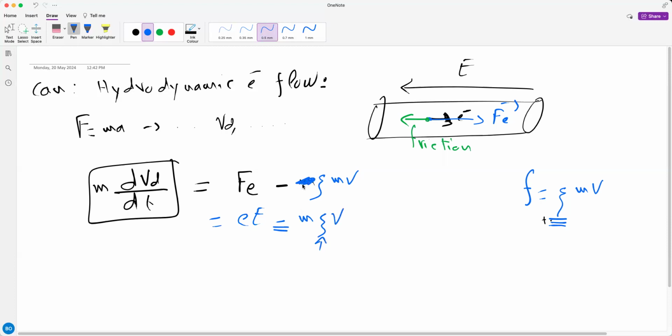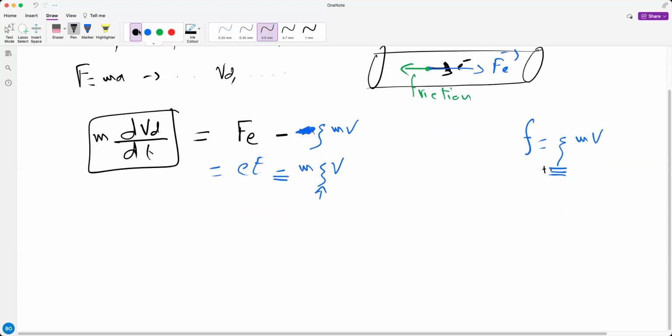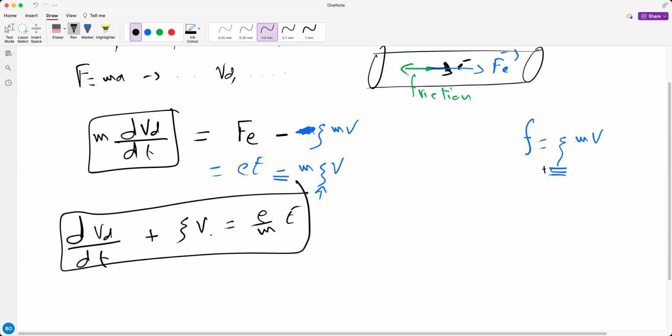Now we can easily see that this is a differential equation. The derivative of the drift velocity with respect to t, plus zeta v, is equal to E over m.